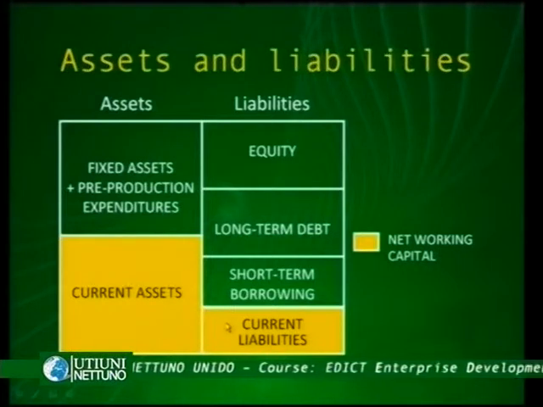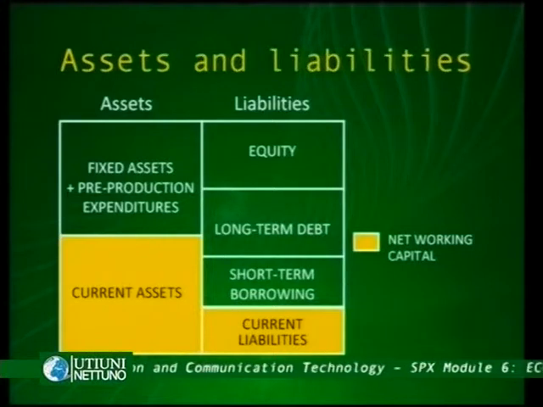Then current assets have to be covered by short-term debt and partially also by long-term debt. But what is important here in the short-term financial sources is to distinguish short-term borrowing from current liabilities, because short-term borrowing is specifically negotiated with the bank to cover the financing need of the project.